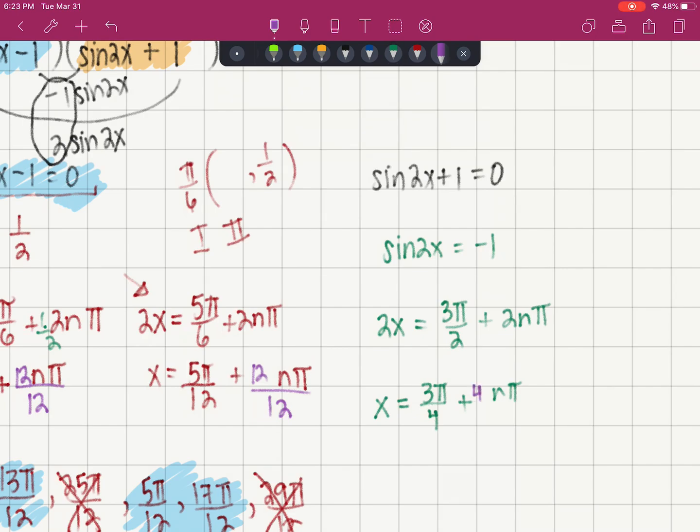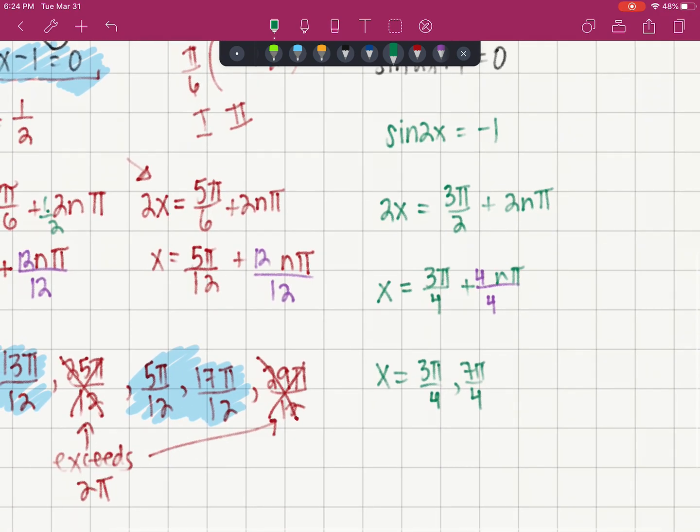Now I need a common denominator, so I'm going to put 4 over 4. And then we have x equals, when we put a 0 in for n, 3 pi over 4. When we put a 1 in for n, we get 7 pi over 4. And if we put a 2 in for n, we already have exceeded: 8 pi over 4 plus 3 pi over 4 is 11 pi over 4.